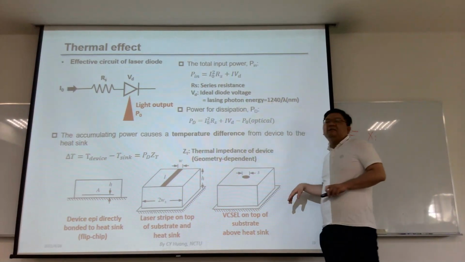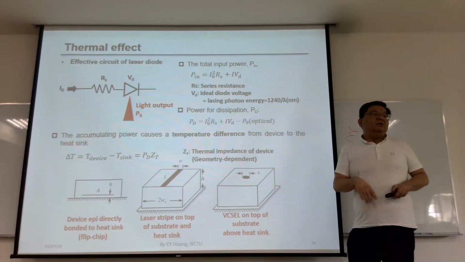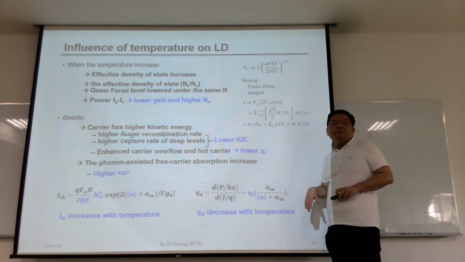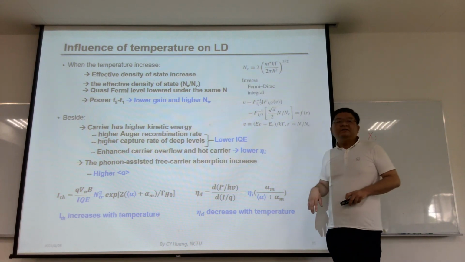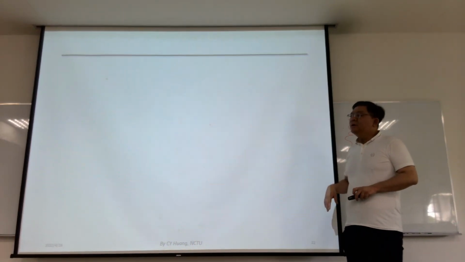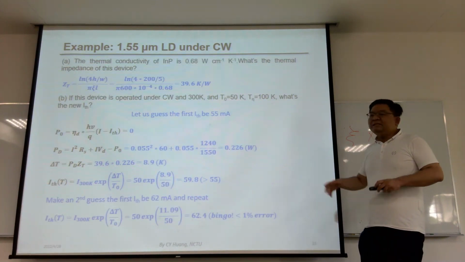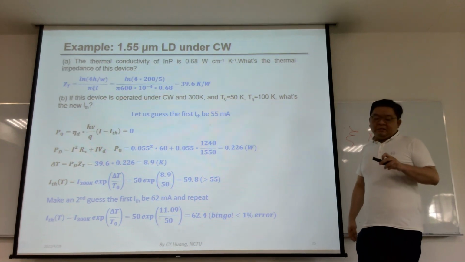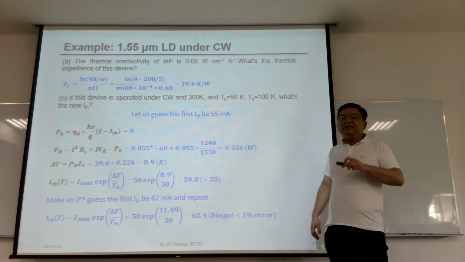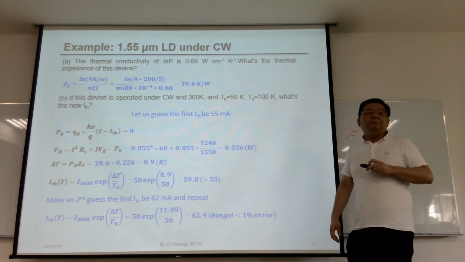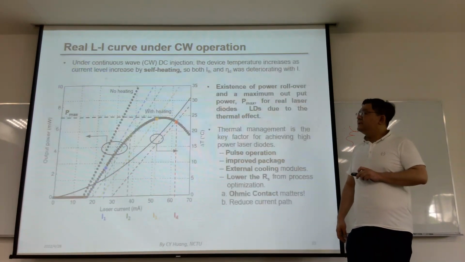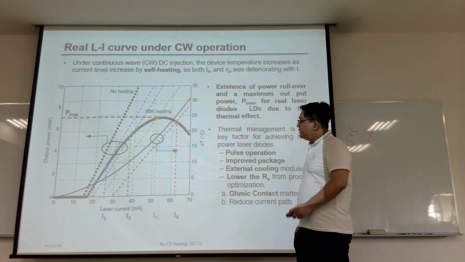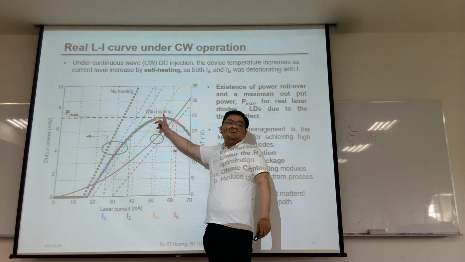So we usually see a pretty significant thermal rollover for VCSEL rather than edge-emitting lasers. For edge-emitting lasers, surely there will be the thermal effect, but since its space is large, the dissipation is faster, and the power usually encounters another failure mechanism before the rollover. So usually we don't discuss this kind of rollover for edge-emitting lasers. It's usually most encountered in VCSEL.